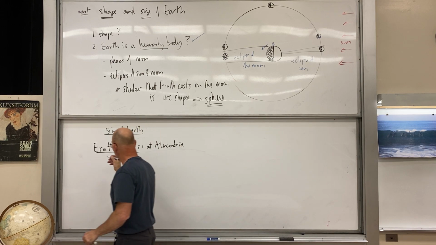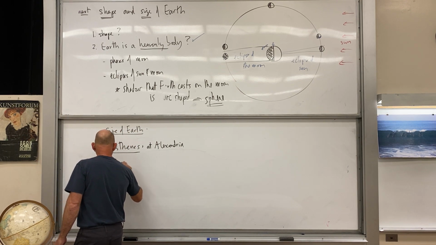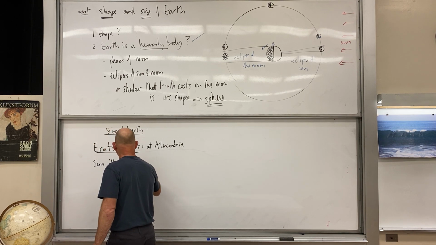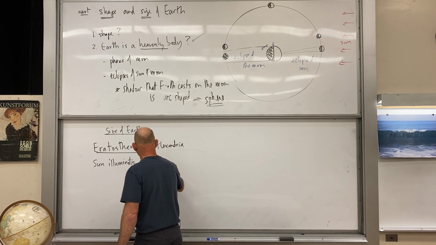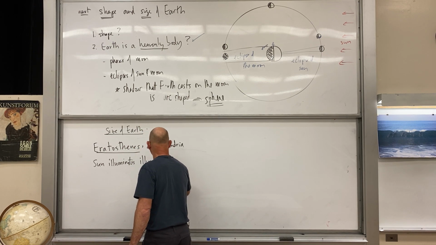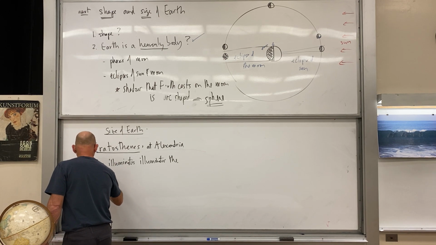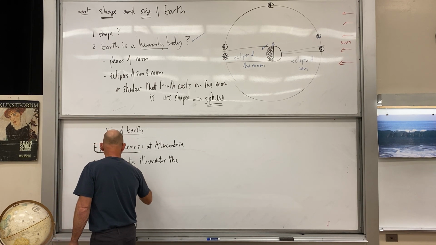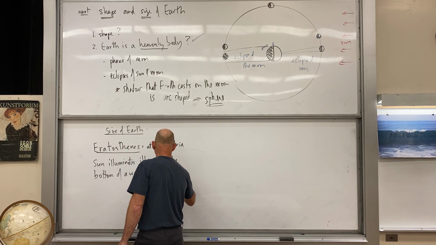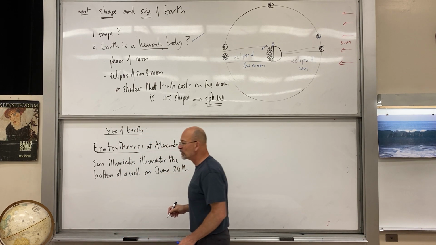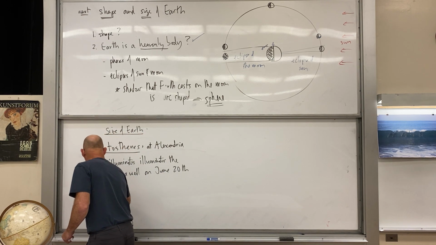So sun illuminates the bottom of a vertical well. We're going to assume it's vertical. Bottom of a well on June 20th at noon at a place called Aswan.